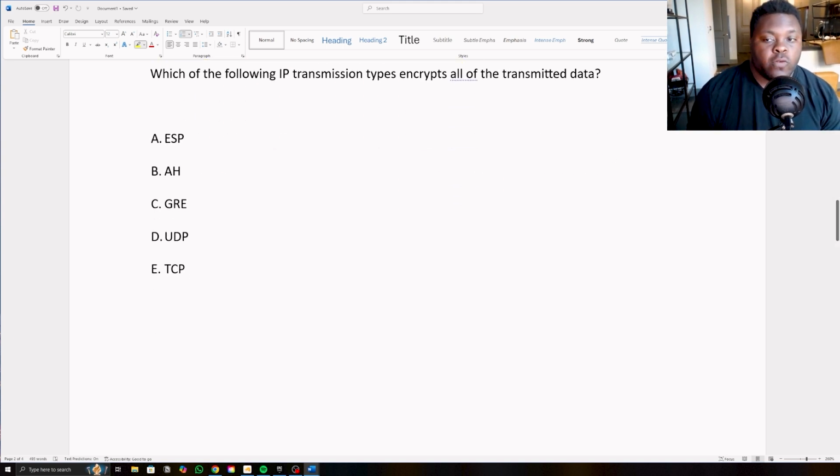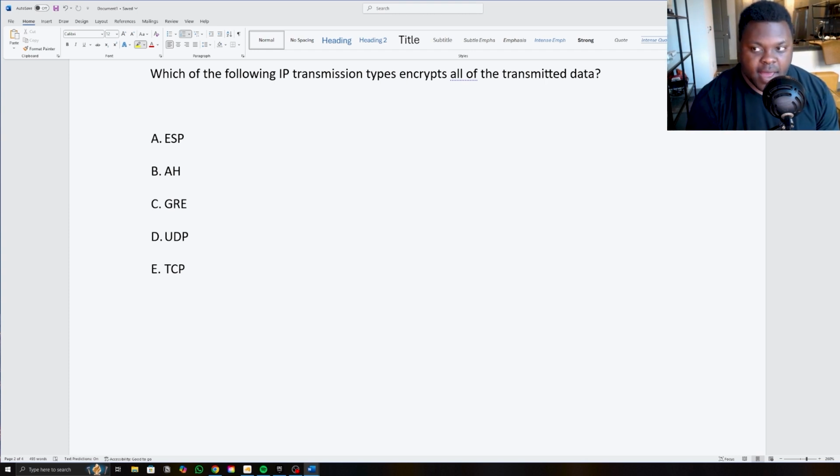All right, moving on. Which of the following IP transmission types encrypts all of the transmitted data? All right, so we're looking for IP transmission types that encrypt transmitted data. First up, answer choice A is ESP, or encapsulating security payload.